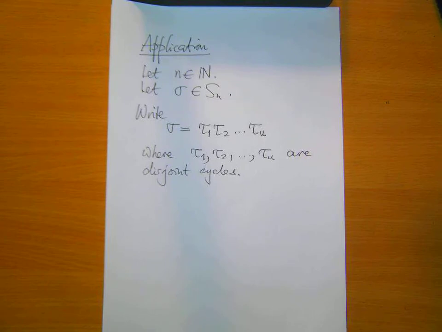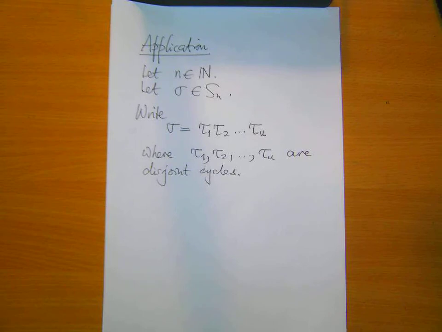So we know we can do that by our theorem from last week, and we saw it in examples, and I'll do an explicit example in a second. Now, another thing we did last week is that if we've got two disjoint cycles, then they commute. I think I proved that towards the end of last week's lecture.